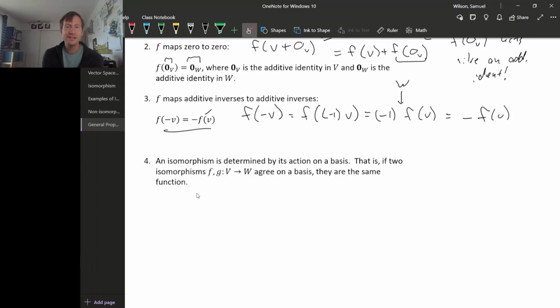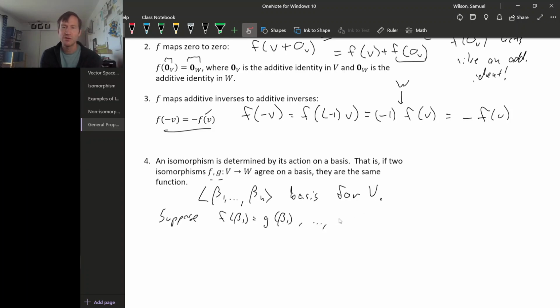Okay, so let's suppose that we have a basis, say beta 1 through beta n, for V, right? And we want to assume that f and g do the same thing to this basis. So we'll suppose that f of beta 1 equals g of beta 1, and so on, for every basis element.